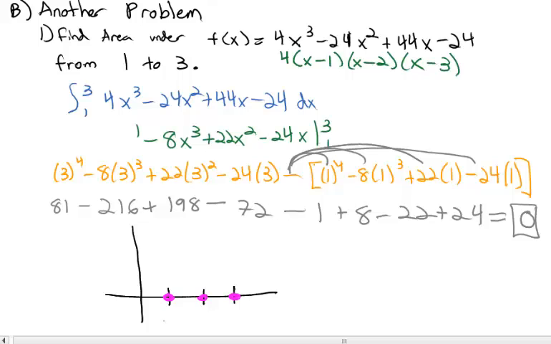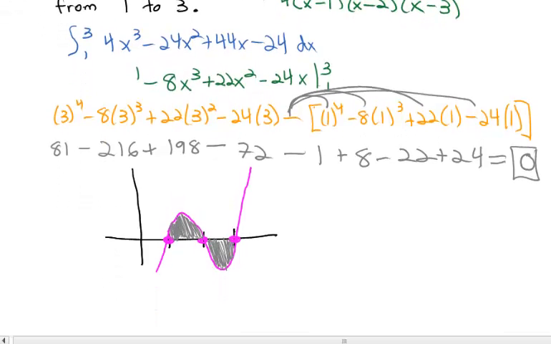And because it's cubic, we know it comes in from the bottom, bends down, bends up, and goes out the top. And so what we're actually finding is the area from 1 to 3. So from 1 to 2 is all above, and from 2 to 3 is all below.